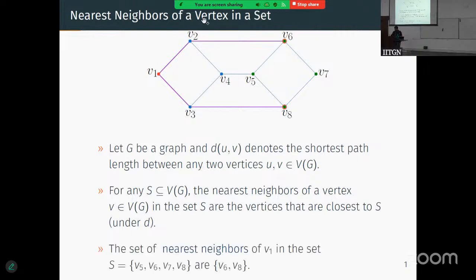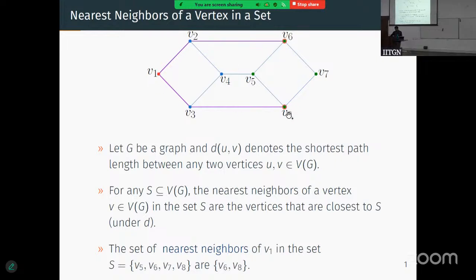Example for this figure. Suppose S is V5, V6, V7, V8. That means these four vertices. The nearest neighbors of V1 are V6 and V8, not V5, because V6 and V8 are at the same distance, whereas V5 is at distance 3.